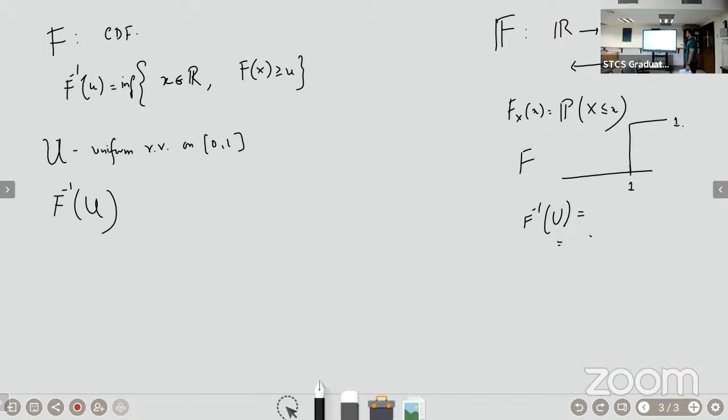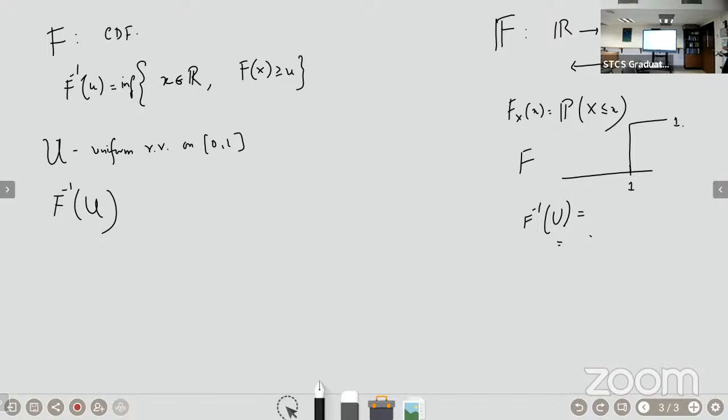Pick any U. Or I don't even call capital U, just little u. For any U, what is the input value for which F of x is greater than or equal to U? Let U equal to 0, the simplest starting point.